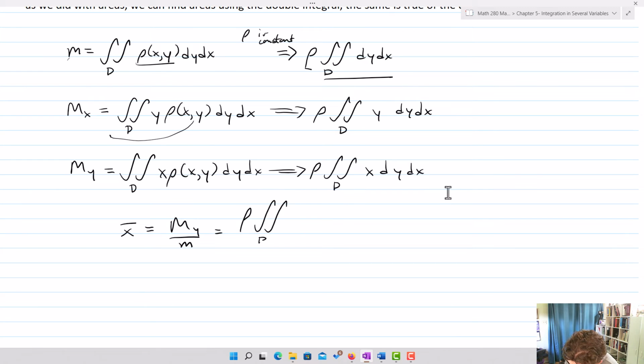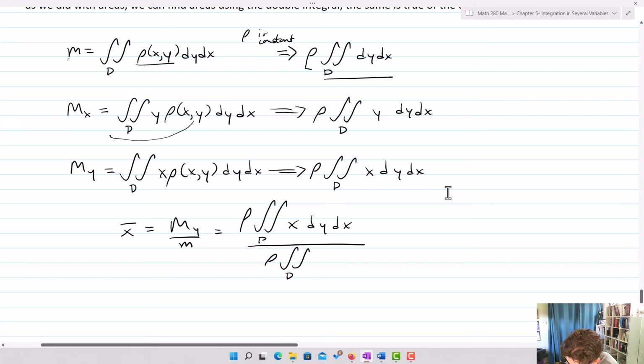So we have the double integral over D of x dy dx over rho times the double integral over D of dy dx. And canceling out our rhos, we end up with the double integral over D of x dy dx divided by the double integral over D of dy dx.